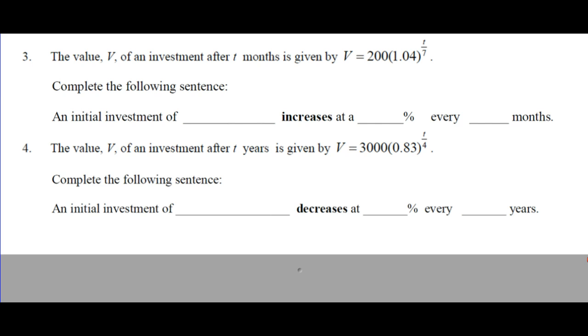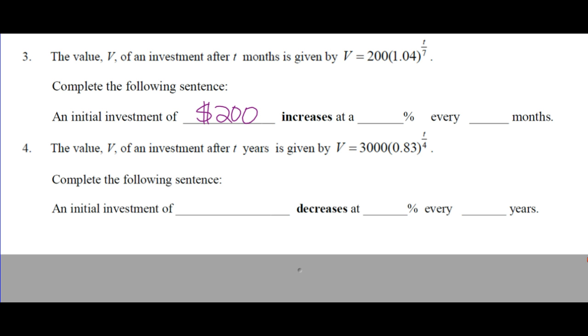The value V of an investment after T months is given by V equals 200 bracket 1.04 to the T over 7. Complete the following statement. Initial investment of $200. Increases at a, so what's the rate of increase? 4%.